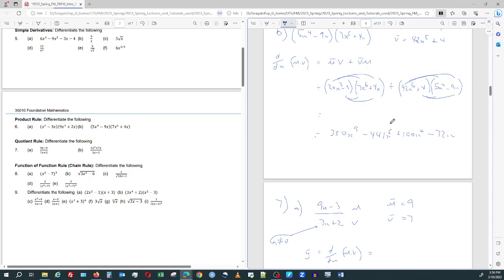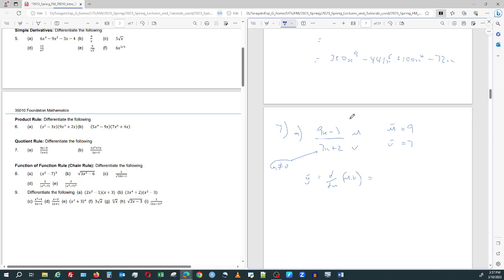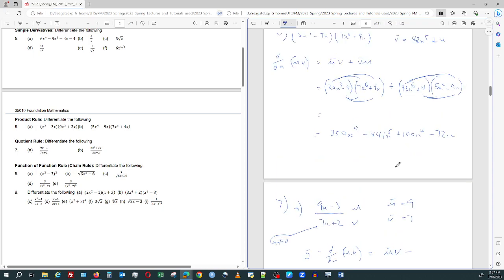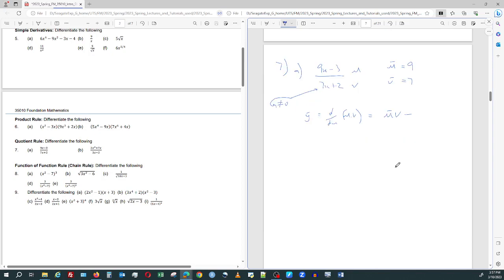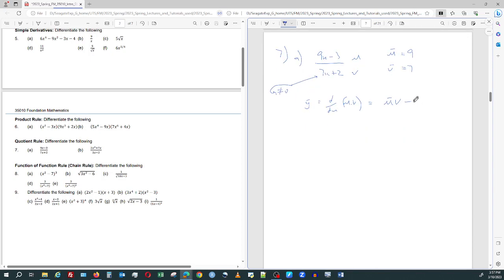now we're going to do the same thing up here, u dash v, and this time it's minus v dash u. Okay, minus v dash u.